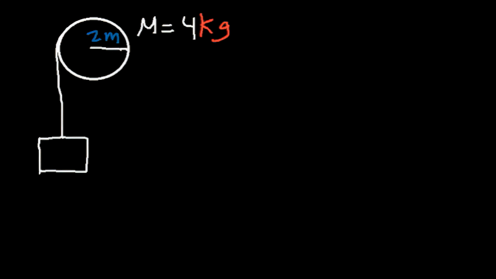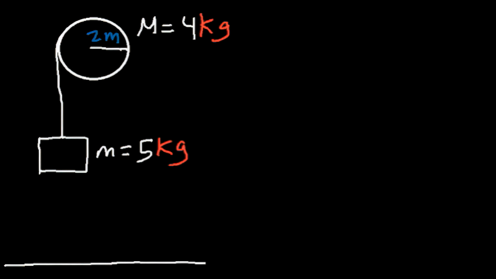The mass of the block, let's say it's 5 kilograms. Calculate the net acceleration of the system. And let's say this is ground level, and it's at a height of 10 meters.